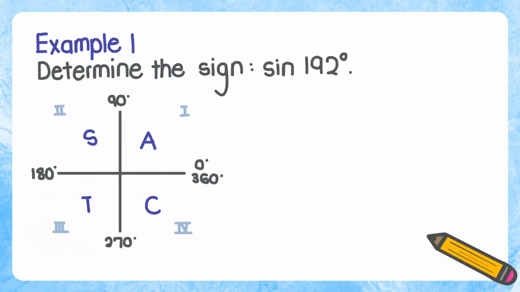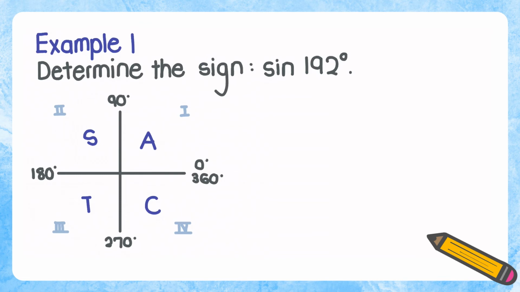So today, we're going to be determining the signs of different trig ratios. For our first example, we're going to determine the sign of sine of 192 degrees. It sounds really weird because I'm saying sign like positive and negative, but also sine like the trig ratio.